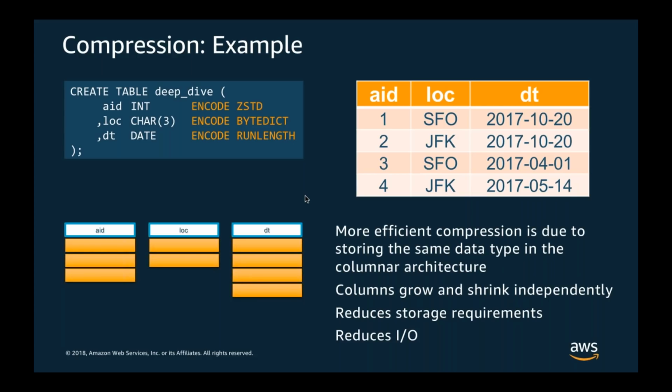It is not effective on a row-based system. But in a columnar system, the compression encodings are very effective because a particular block only contains values of a particular column, and you're able to get the maximum compression benefits for that column. So this drastically reduces the I/O operations from the underlying storage system again.